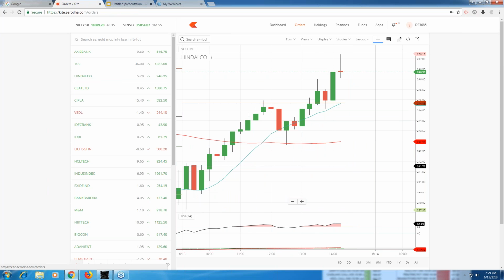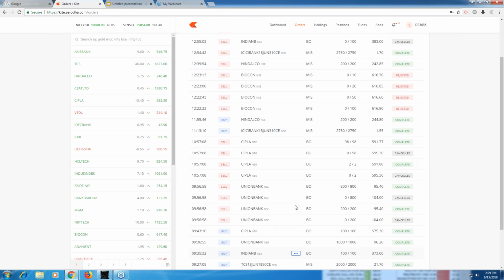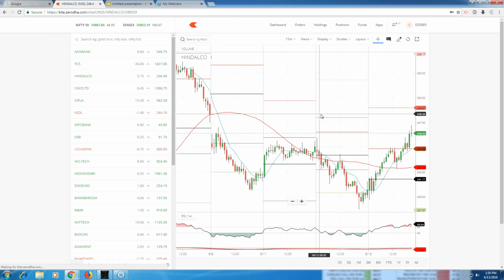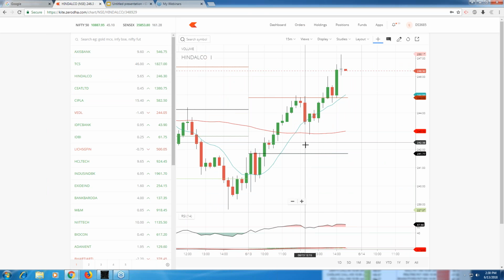I'll show you. I entered into Hindalco somewhere here. I bought 200 shares, and when it was taking a resistance, I got a little panicked. I said I don't want to incur losses, but then immediately after it took a support and went up, right? Immediately it came down to this point, took a support from the moving average and went up, right?